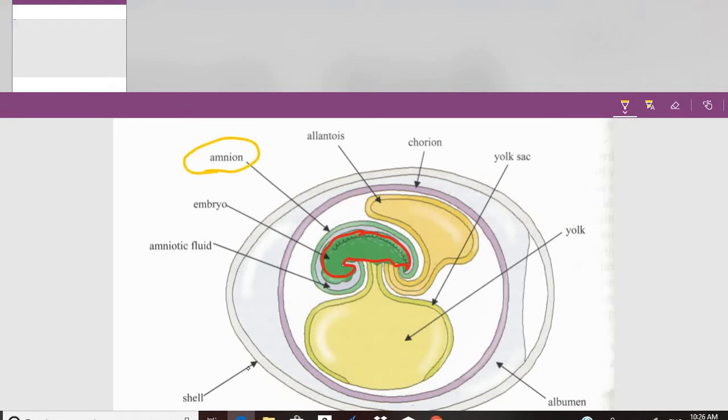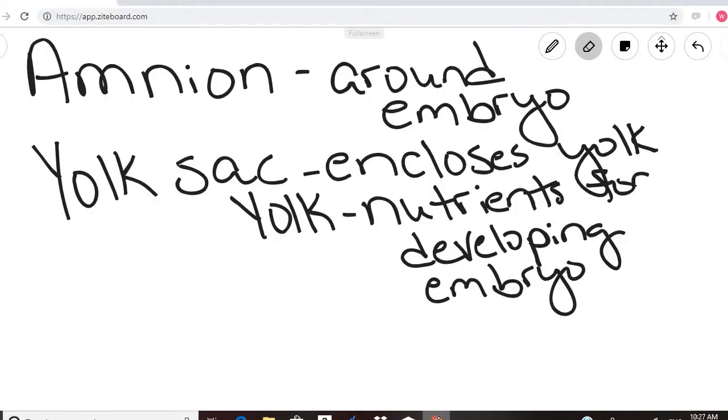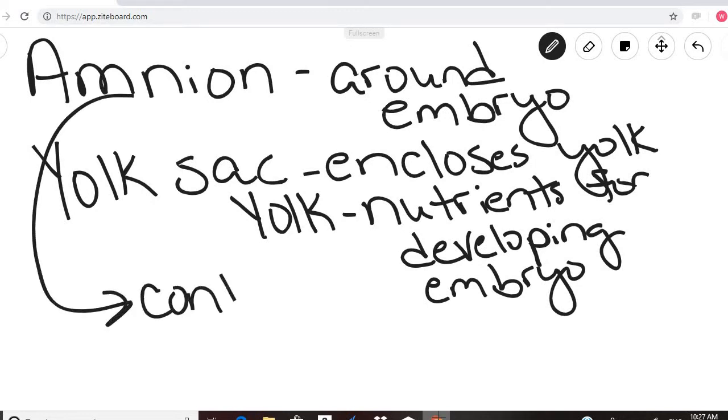This that I'm circling right here is the amnion. It goes around the developing embryo, and inside that amnion there is a fluid called amniotic fluid. I'll write that term up here: the amnion contains amniotic fluid.